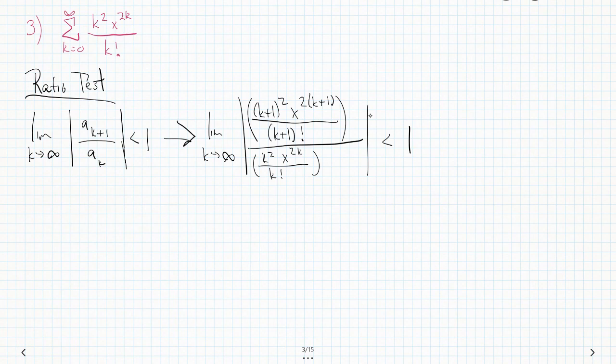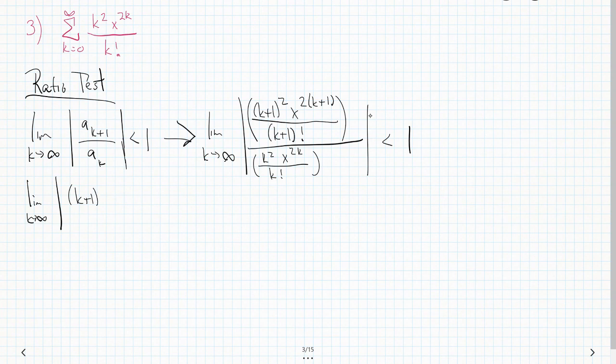Working on this now, we can rewrite this as something a little bit nicer here. So let's do limit as k approaches infinity. When you divide by a fraction, you can multiply by its reciprocal, but not only will we do that, let's line up the terms that make it nice. For example, we have a k plus 1 squared up top.